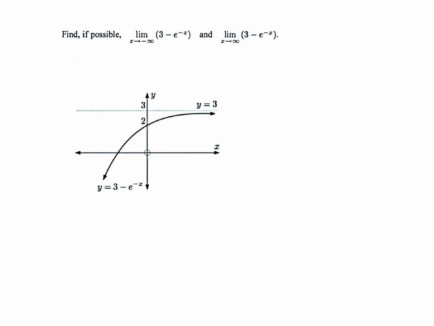Find, if possible, the limit as x approaches negative infinity of 3 minus e to the negative x. When you graph this function, you will get the following, and let's talk about what happens as x approaches negative infinity. As x approaches negative infinity, the y value keeps on decreasing.